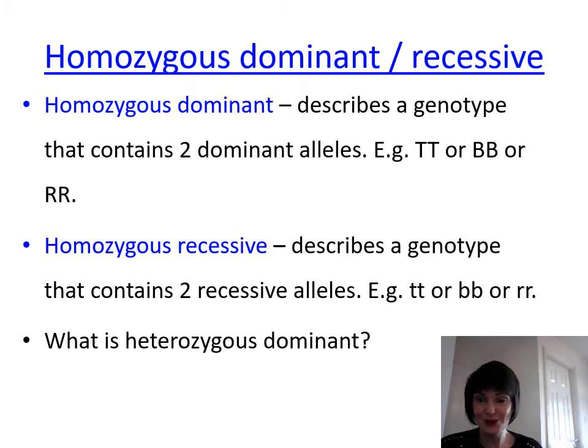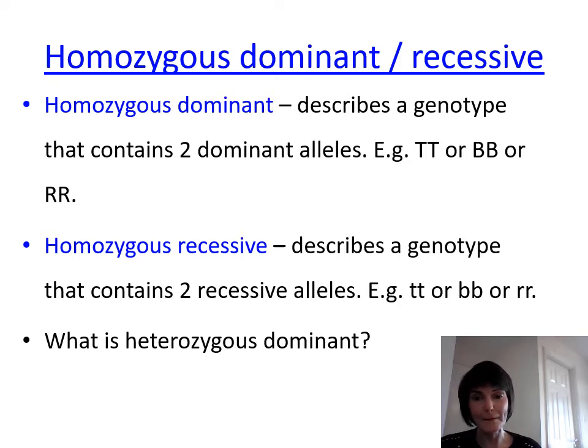However, there's always one that just won't fit into either homozygous dominant or homozygous recessive. And that is if you're heterozygous dominant. Any ideas what you would be if you're heterozygous dominant? That's right. You would have a dominant allele and you would have a recessive allele.